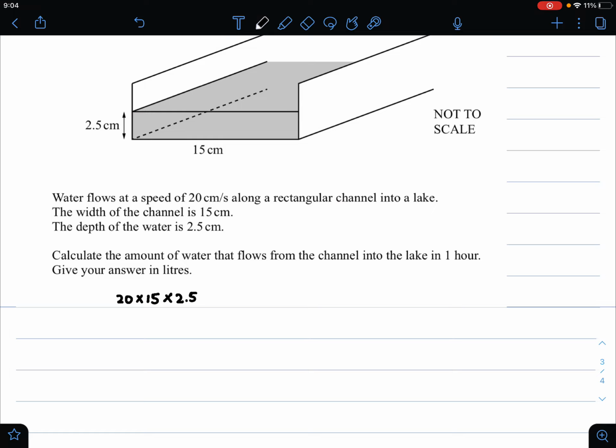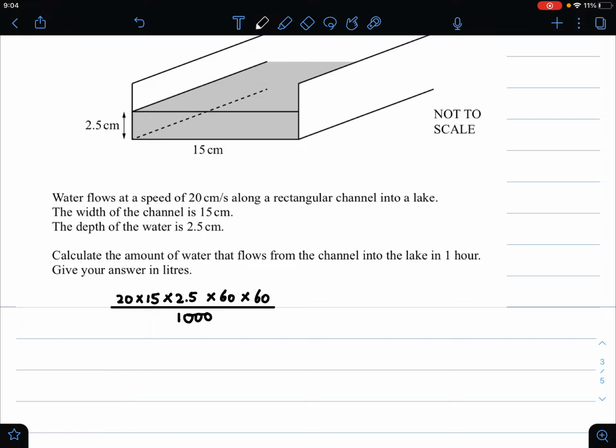So we have to convert the hour to second, so multiplied by 60, so now it's minutes, and now multiplied by another 60, so therefore we would have now converted it to seconds. And as I said in the beginning, we need to divide the whole thing by 1000 because we want the answer in liters.